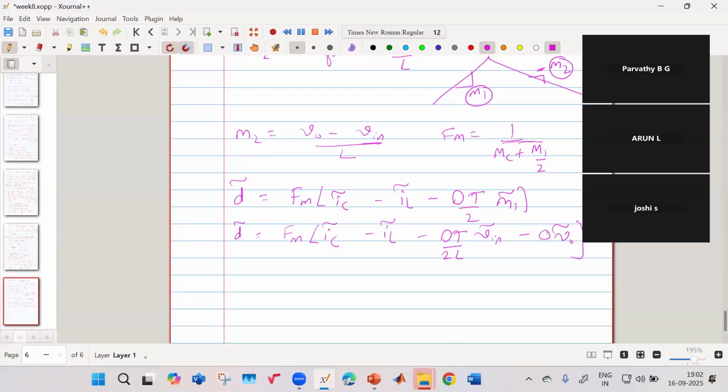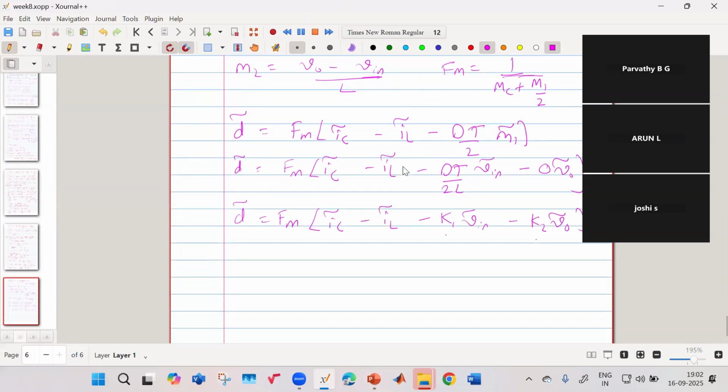Then you would have seen questions asked like this: Fm into Ic perturb minus Il perturb minus K1 into Vn perturb minus K2 into V output perturb. So accordingly, you can get what your K1 and K2 are, right? So this way you can do for this approach.